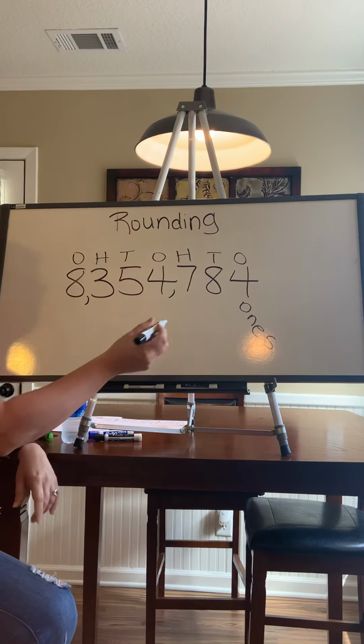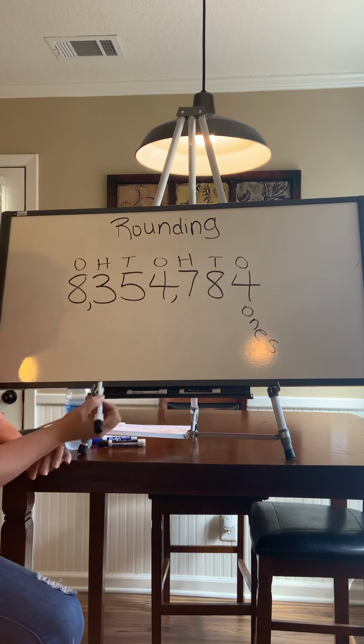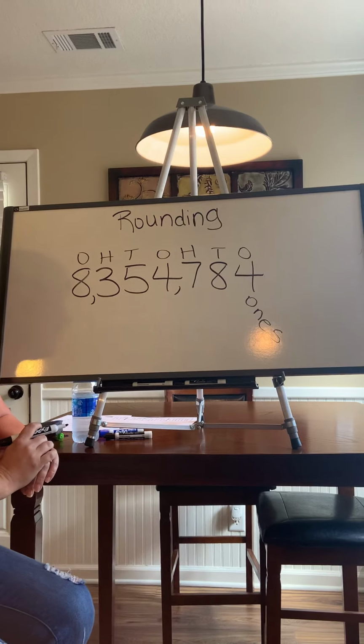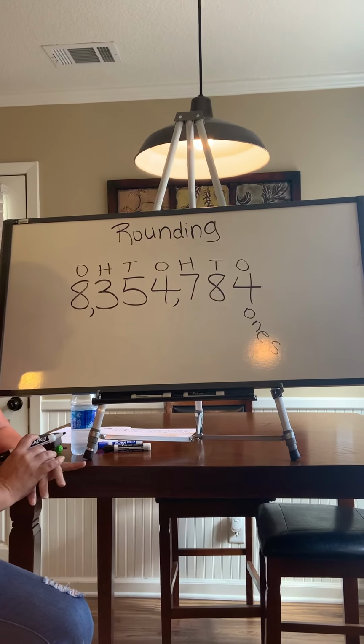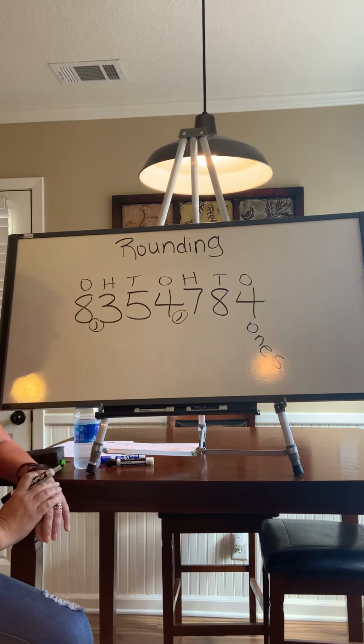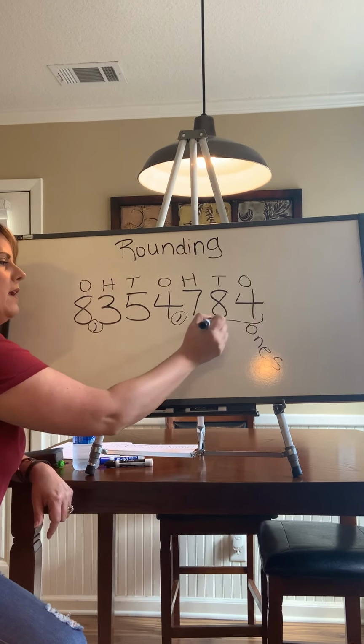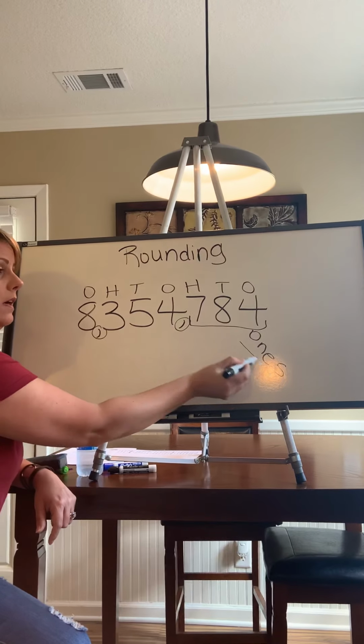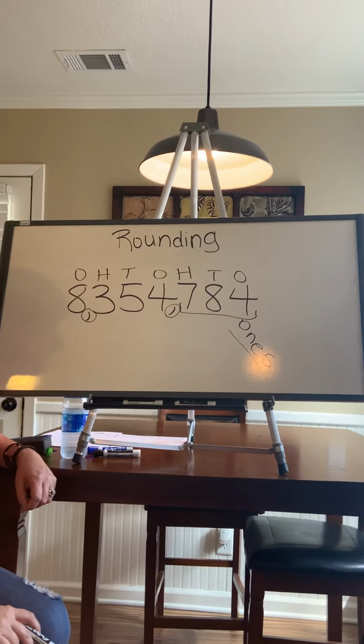places. You also need to know the names of your periods. A period is a set of 3 digits separated by a comma. So this first set of 3 digits is called the ones period.